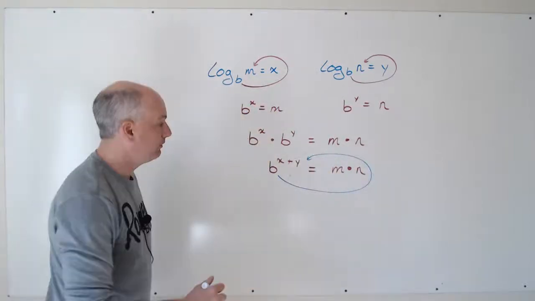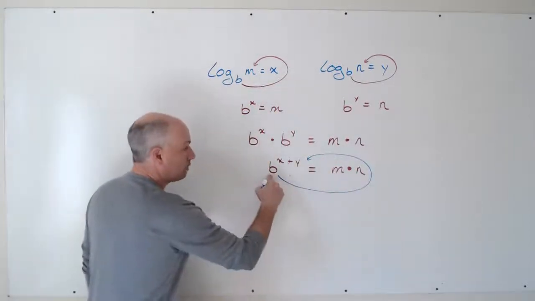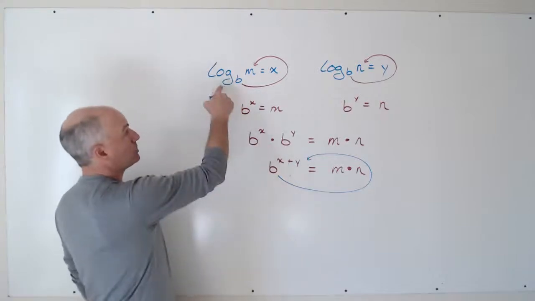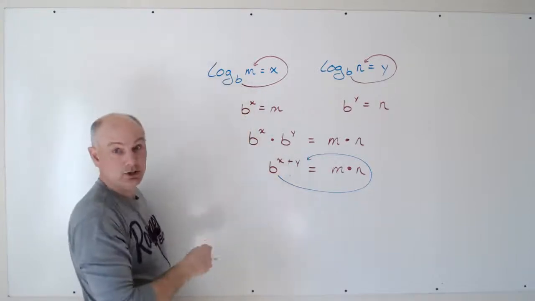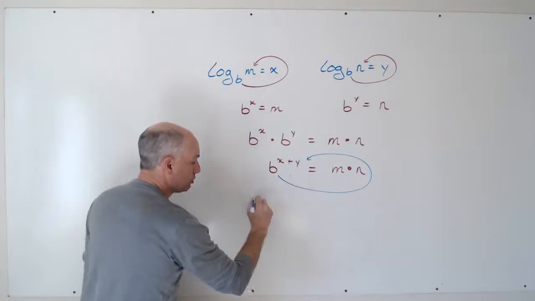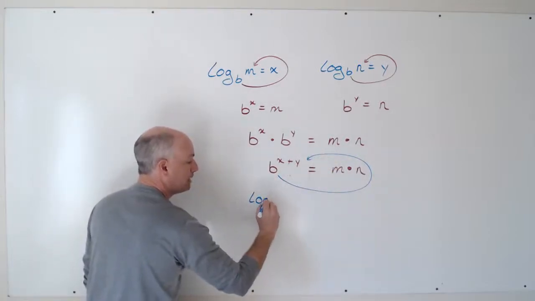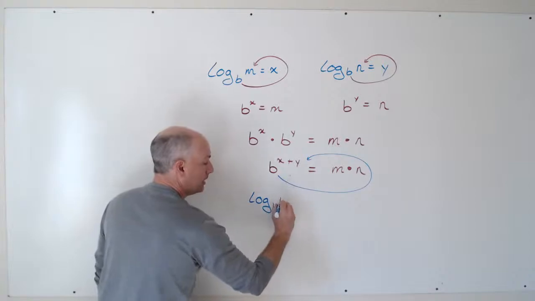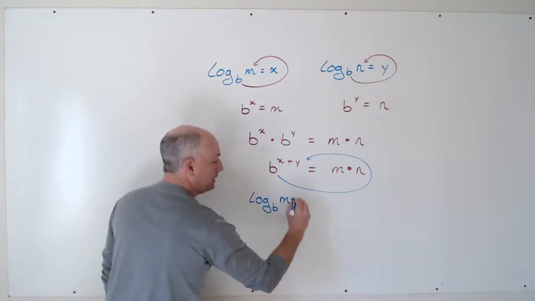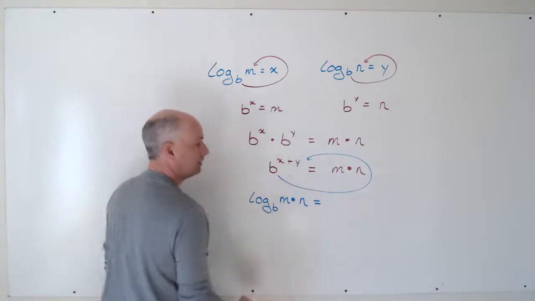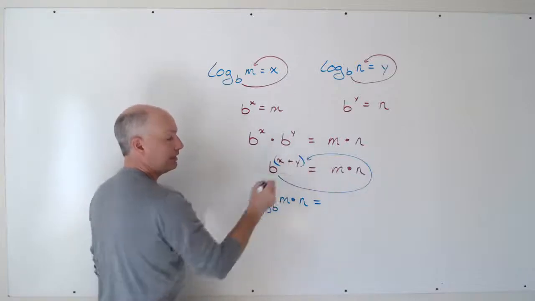I can argue the following, that I'm going back to a logarithm. Notice that when I went from a logarithm to exponential, it's all about the base. So going back to logarithmic form, I could argue the log base b of the product of m times n is equal to the complete exponent here.